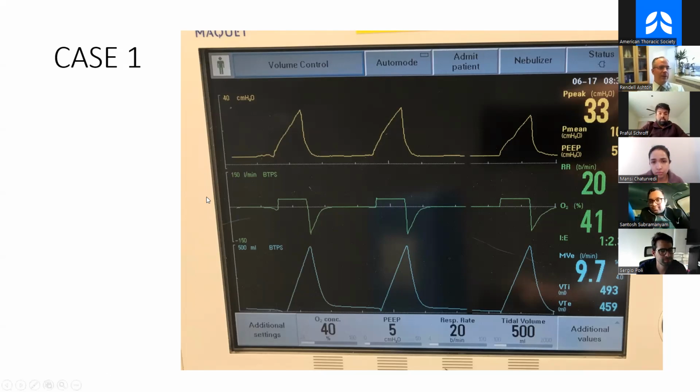Okay, so tell me about the mode here. Do we think this is a volume control mode or a pressure control mode? And be careful, because words on the screen can sometimes fool you, although not so much in this case. So help me out here. How do I know this is a volume control mode or a pressure control mode?